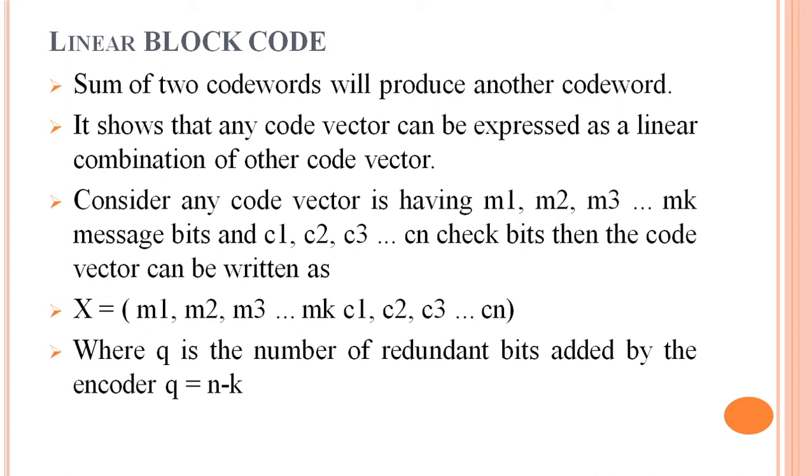The code vector of a linear block code can be written as X = M1, M2, M3 and so on, the message bits, followed by the check bits. Altogether this generates a code vector, where q is the number of redundant bits, that is C1, C2, C3 up to Cq. These are the redundant bits we add in the encoder.